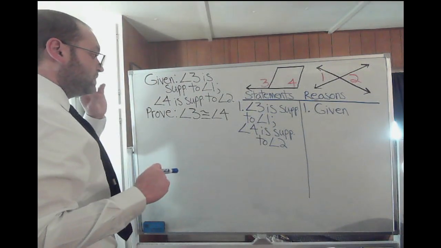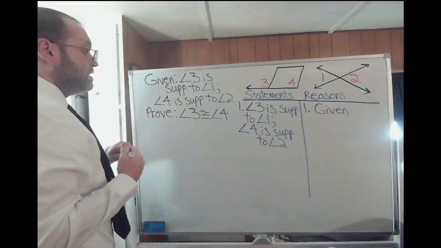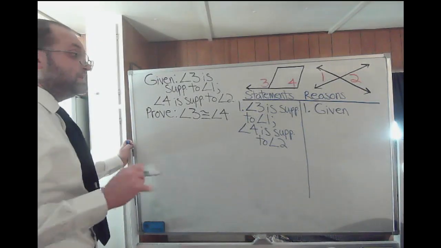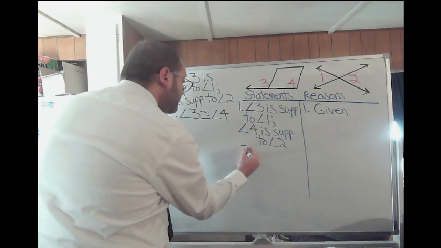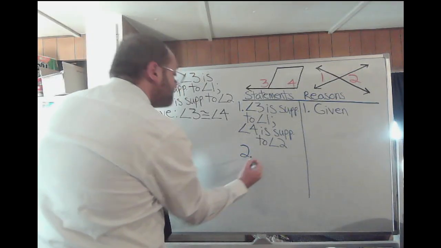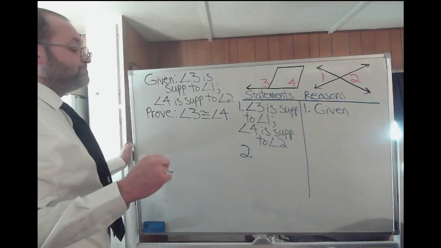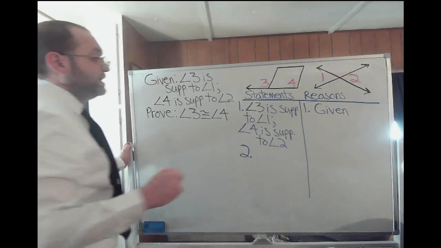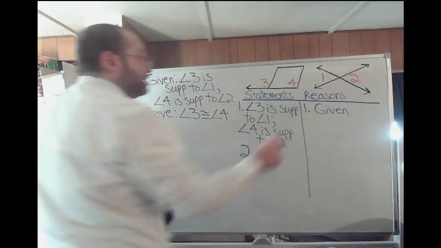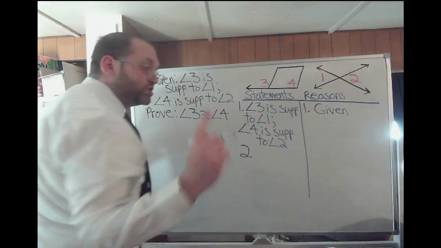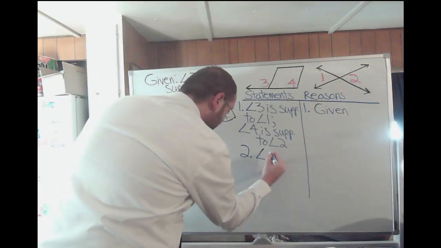Now, we can do this actually in a few steps here because you're going to see why in a second. Now, we can look at the diagram here. Angle 1 is actually congruent to angle 2 because of vertical angles being congruent.